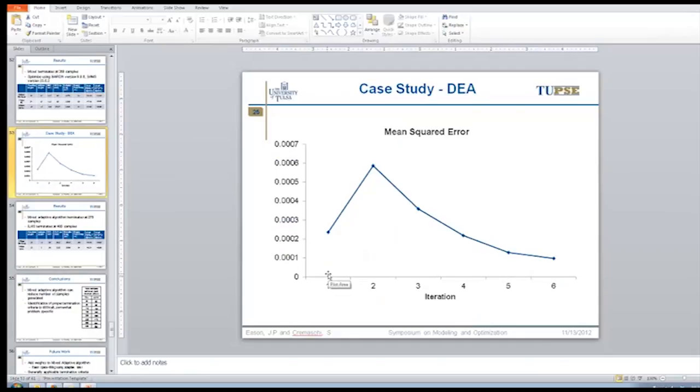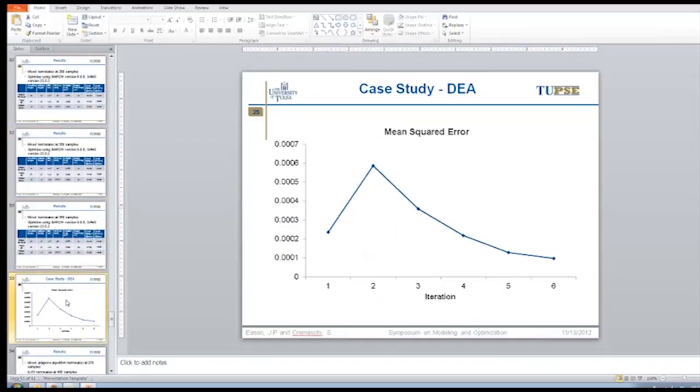So in your case study and all the results you present mean squared error. Have you considered presenting cross-validation error because it's a better measure of true error? And usually, mean squared error has a tendency to overfit the model. What do you mean by the cross-validation error? So you present your iteration result based on the mean squared error.